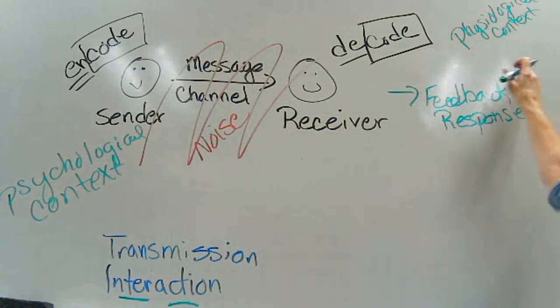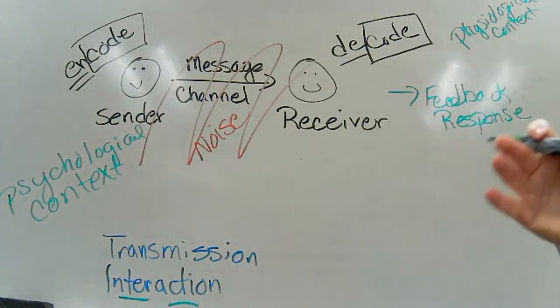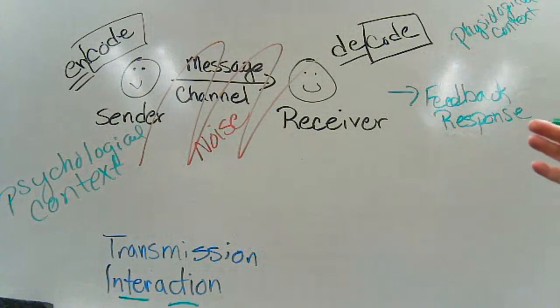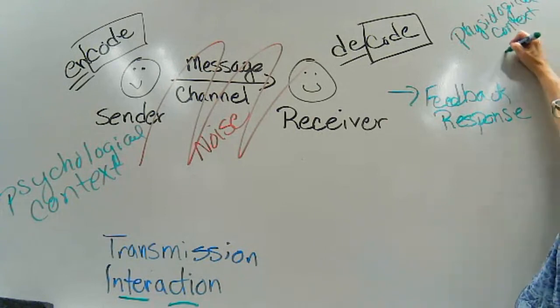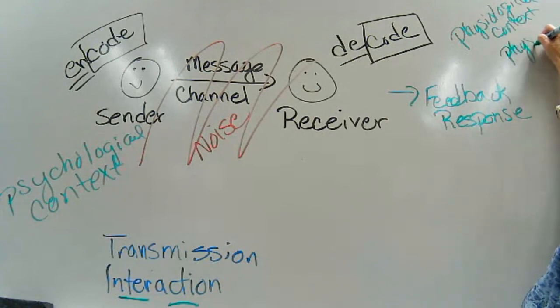So the physiological is really going to be those elements such as a person's ability to hear. It could also be physical. Okay, the size of the room or the condition of the weather or something that's going on, okay?